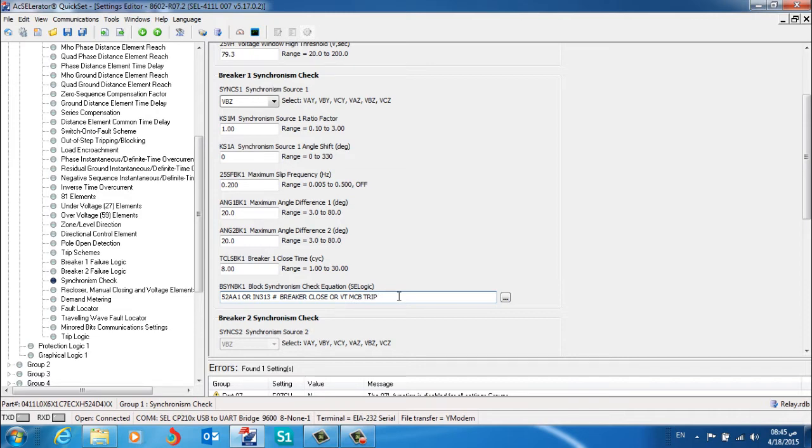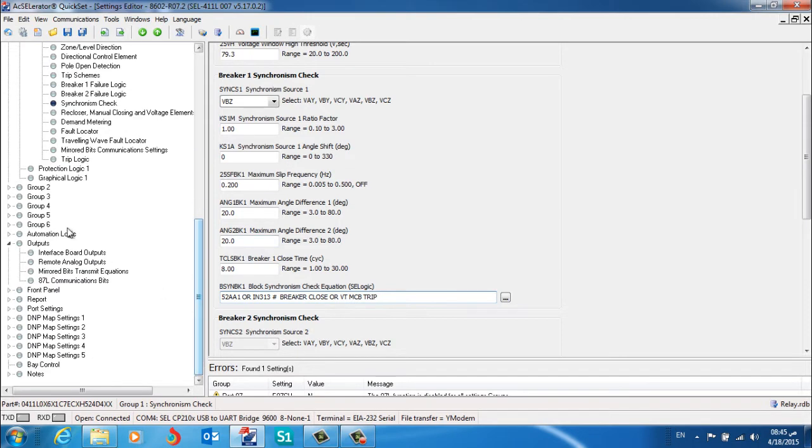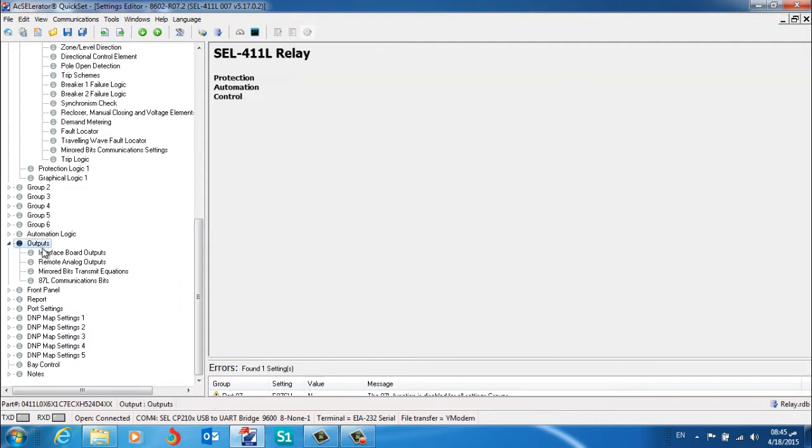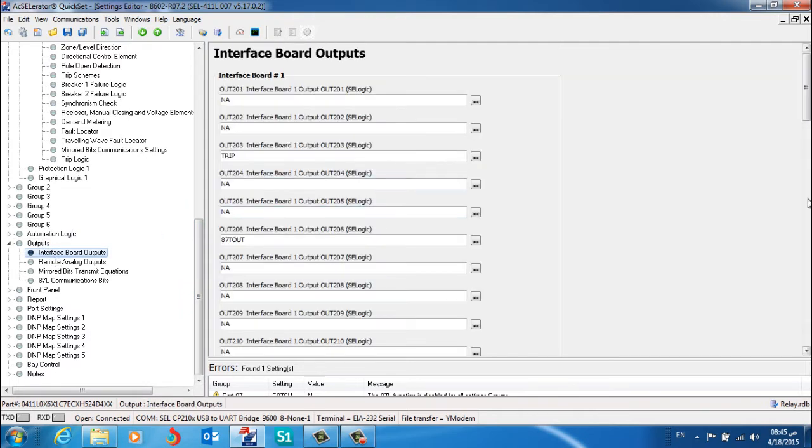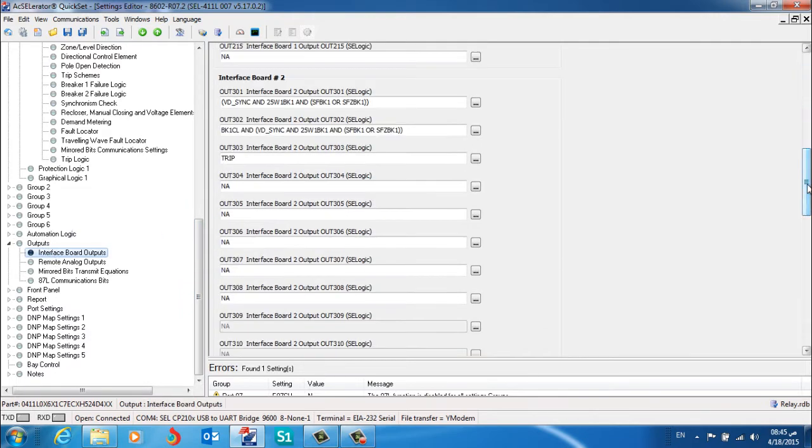Okay, all this one I go to here to my output, go to interface, and I take these two: synchro check and 25 W1 BK. This 25 W1, this for angle, this for voltage difference, and this for slip frequency. Three conditions must be satisfied.